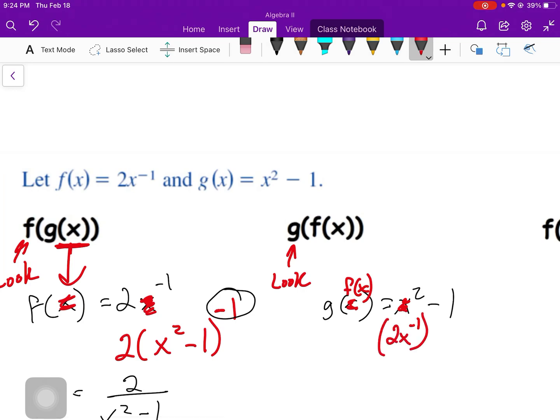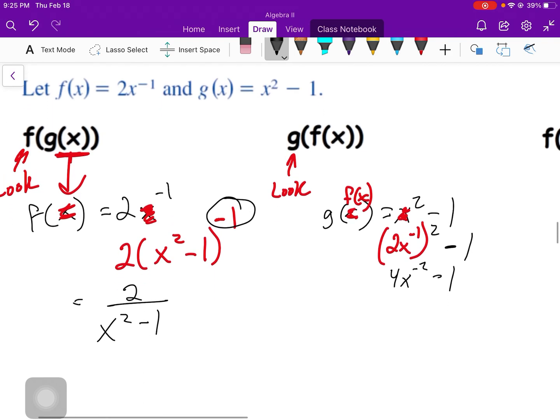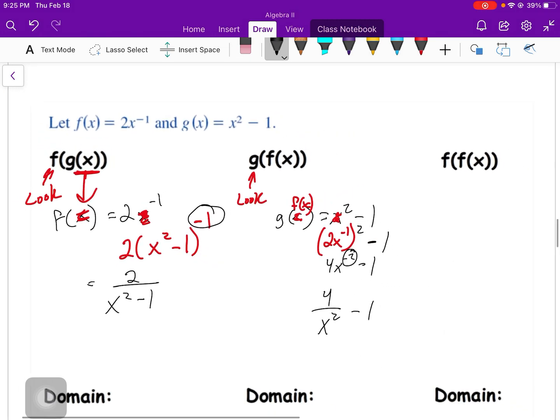I'm still going to square, and then I'll subtract 1 from that. So 2 squared is 4. x to the negative 2 minus 1. Again, do my exponent rules to that. Here I've got this negative exponent. Negative 2 is, again, being negative in the numerator, so it's got to go downstairs. So 4 over x squared minus 1. So f of g of x and g of f of x are totally different.